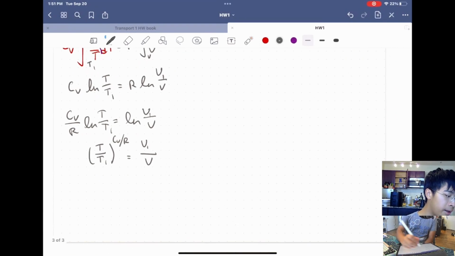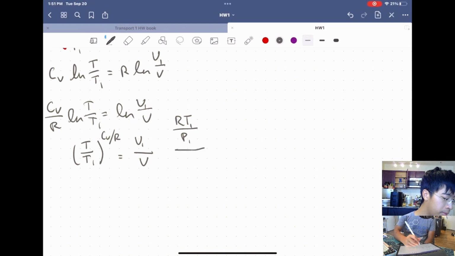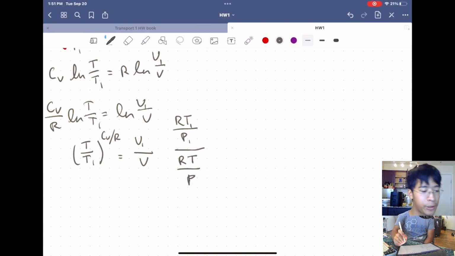So we'll actually want to change this and apply the ideal gas law again, and change this to our other variables of an ideal gas. So we actually say that V1, the known volume, is equal to R times a known temperature over a known pressure, over R times an independent variable temperature over independent variable pressure.